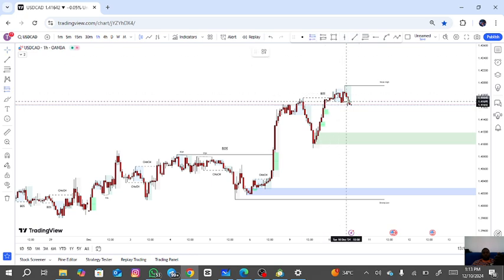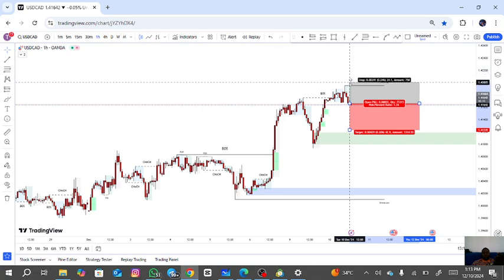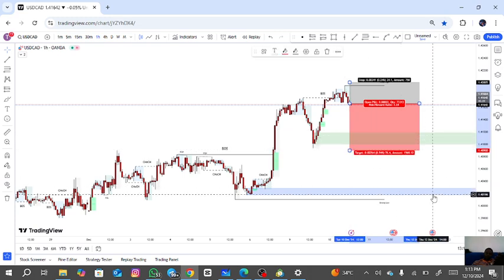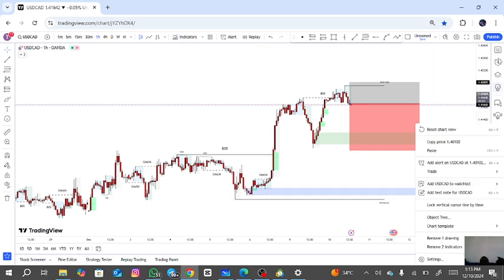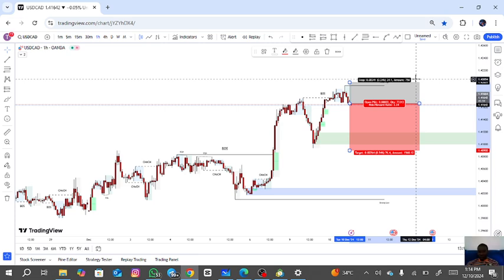For instance, you're selling USD CAD, you're putting your stop loss right here, and you're targeting 2R, which is risking 1 to make 2. Now this is your stop loss. Your stop loss is 34 pips.